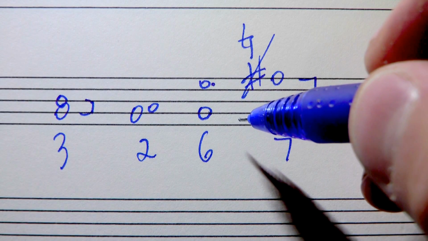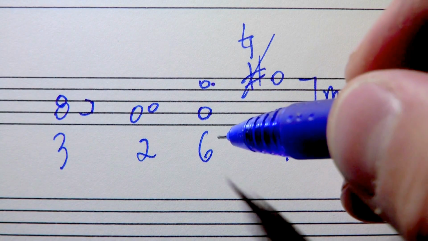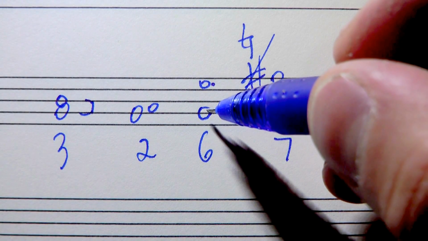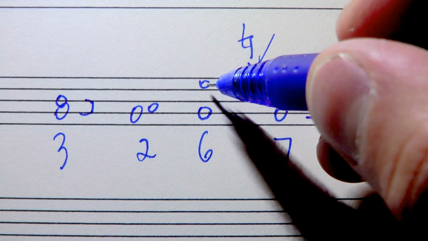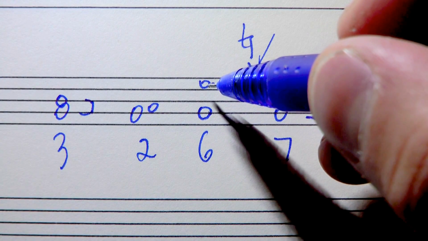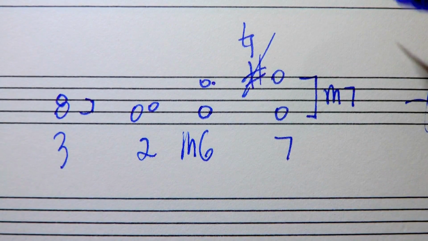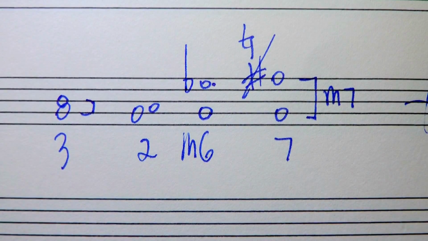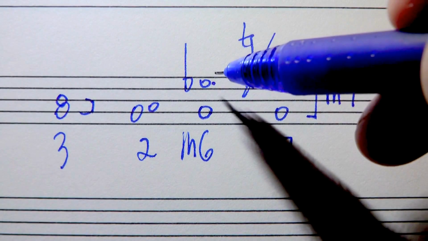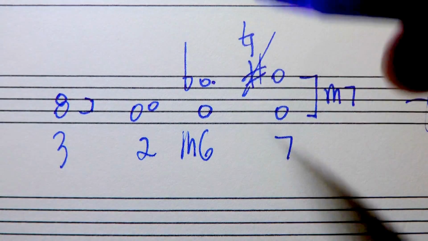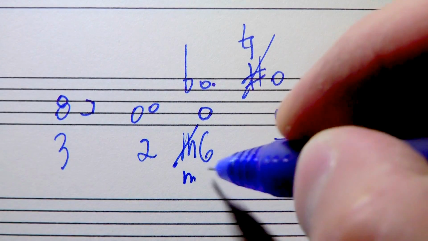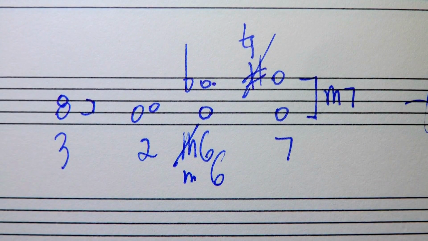But now we need to figure out, is the interval a major sixth or a minor sixth? In the key of G major, is E natural? Yes. Therefore, it's a major sixth. If I were to put a flat next to that E, now the interval would be compressed 1/2 step, and now the interval is not major, but now a minor sixth.